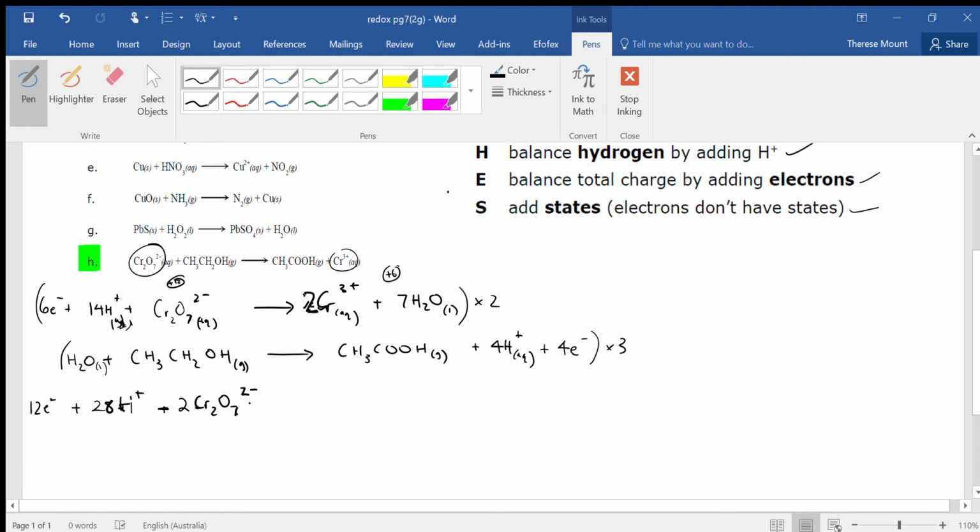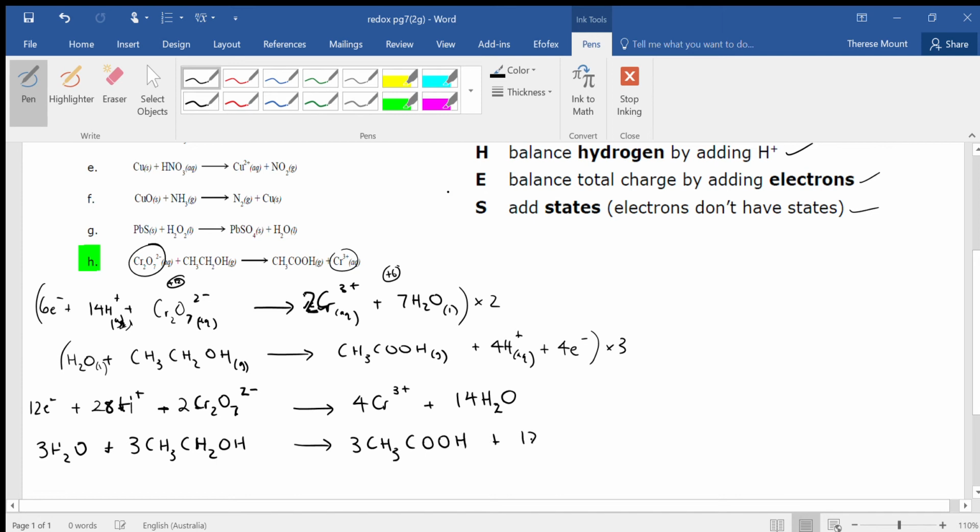okay, so then now 4, okay, so second one, 3 water plus 3 here, 3, and then 12 hydrogen and 12 electrons.